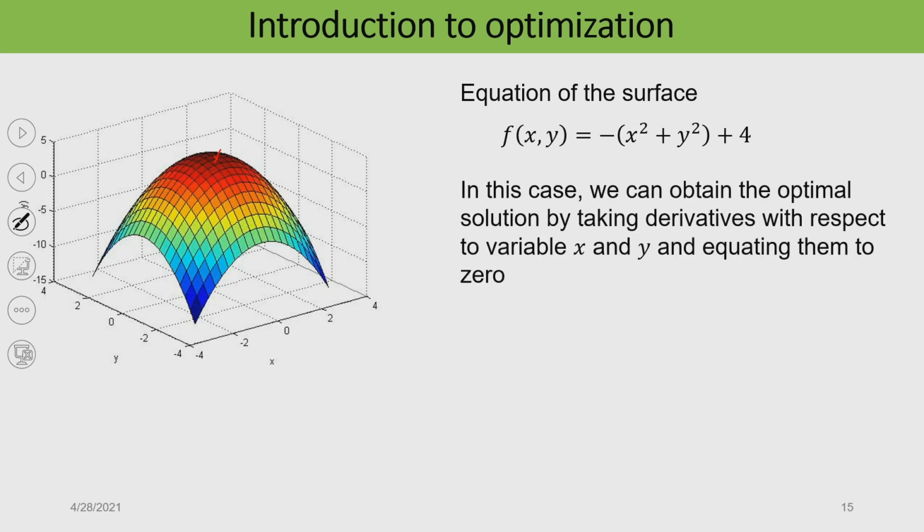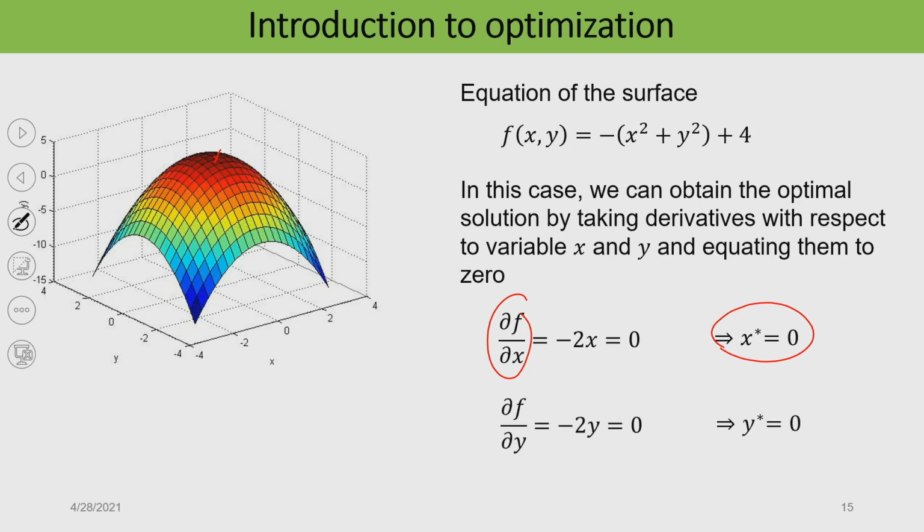So, we are taking derivatives. The derivative del f by del x equal to 0 gives minus 2x equal to 0, so x star equal to 0. Similarly, if I take the derivative with respect to y, then minus 2y equal to 0, and y star equal to 0.